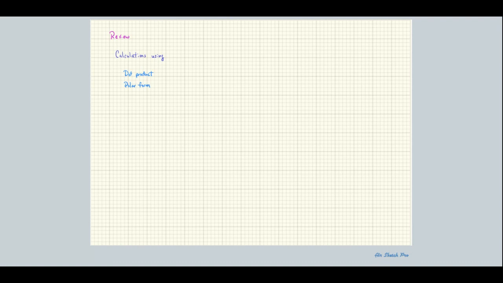The last thing I wanted to look at today was calculations using the dot product in the polar form. That's the last thing that we're reviewing that has to do with trig.